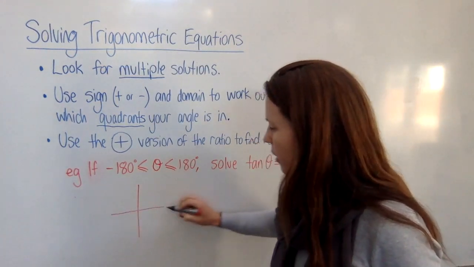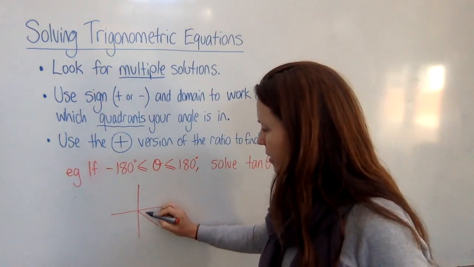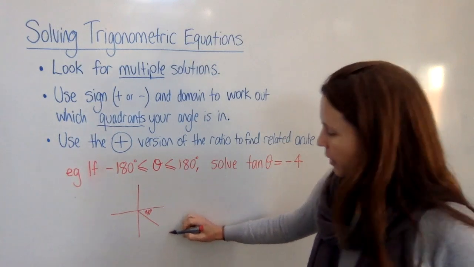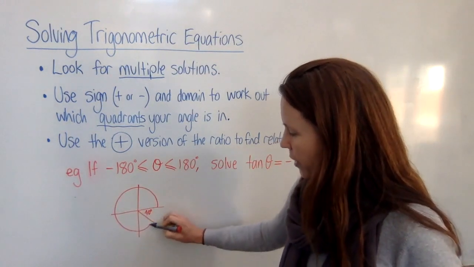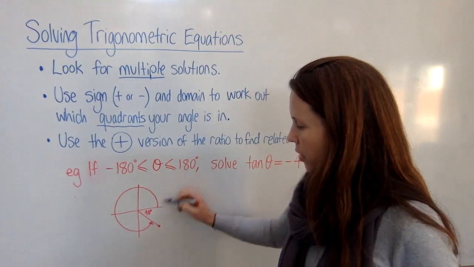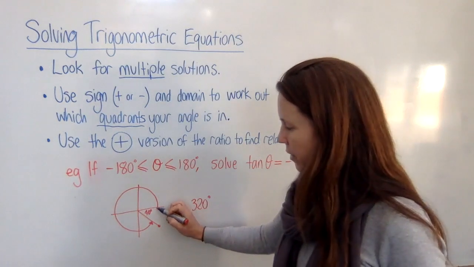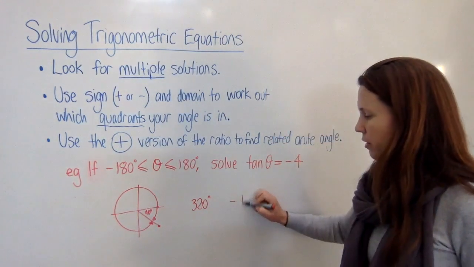If I've got an angle, let's say I've drawn a ray here in the 4th quadrant, and let's say this angle is 40 degrees, then I can either get to this spot by starting here at 0 and going all the way around in a positive direction, and I'd be going 320 degrees, or I could get there from starting here and going in the negative direction, minus 40 degrees.